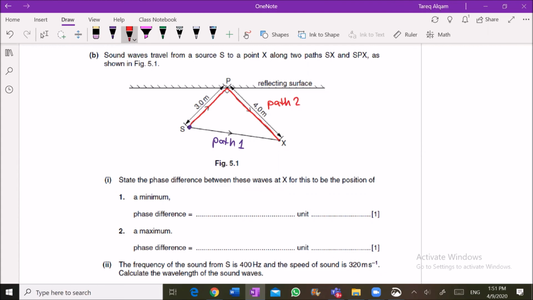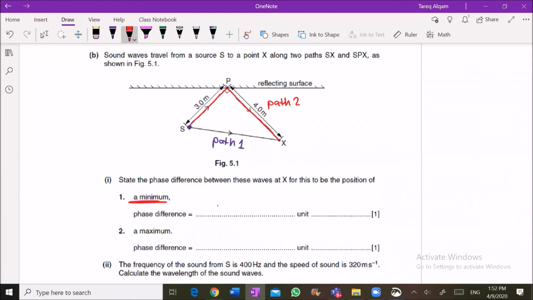Okay. State the phase difference between the waves. If we have a minimum, what must the phase difference be? Who wants to answer? If we have a minimum, what is the path difference? Okay, Zakhar: if we have a minima, or minimum, or dark spot, what is the phase difference?